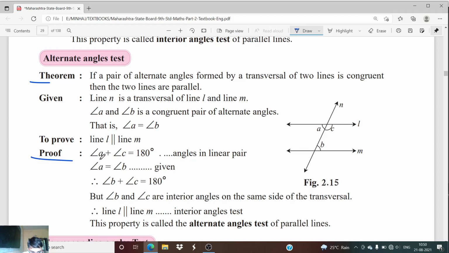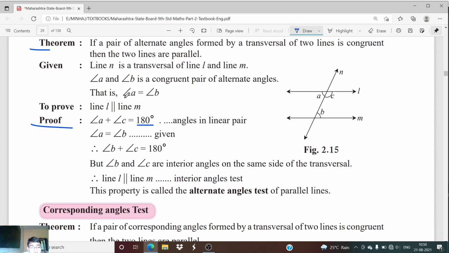So what is the proof? Angle A plus angle C is equal to 180 degrees. And why is the sum 180 degrees? As you can see, angle A and angle C are in a linear pair, and the sum of the angles in a linear pair is always 180 degrees.